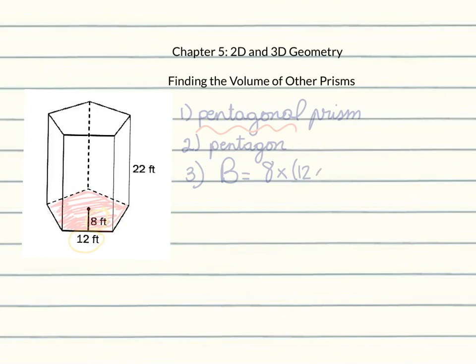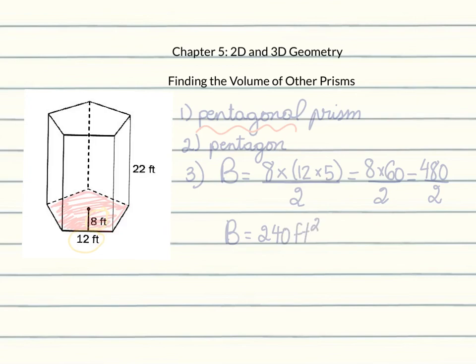And here we have 5 sides, so it is 12 multiplied by 5, all divided by 2. The answer would be 8 times 60 divided by 2 equals 480 over 2. Then the area of the base is 240 feet to the power of 2.